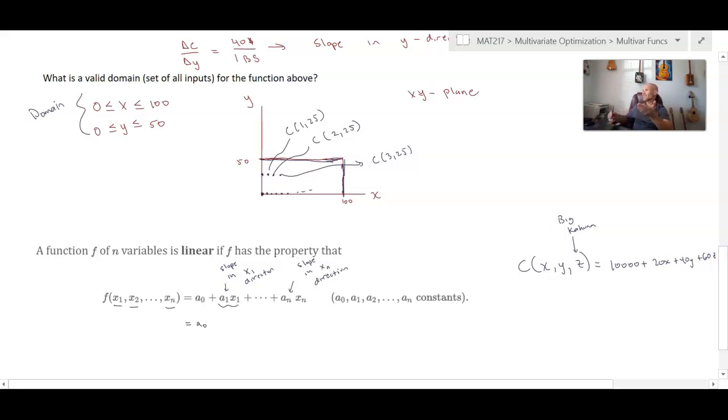You can still see that that's a linear function. Every time you increase z by 1, the cost of the big kahuna, that's the slope in the z direction. So the change in cost for each additional big kahuna will be $60 per one big kahuna.